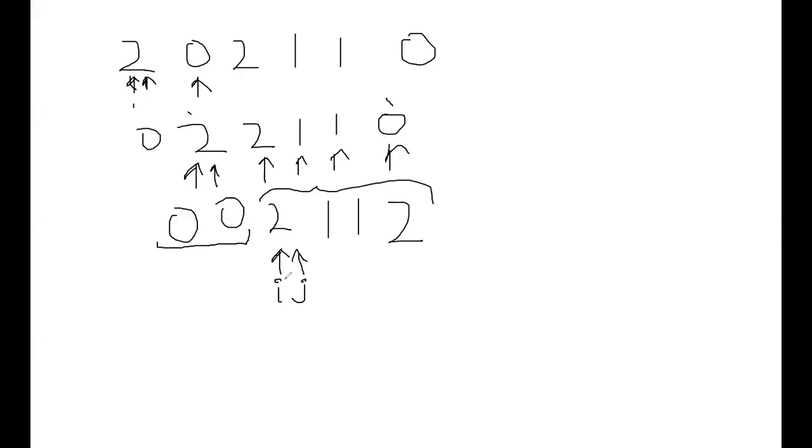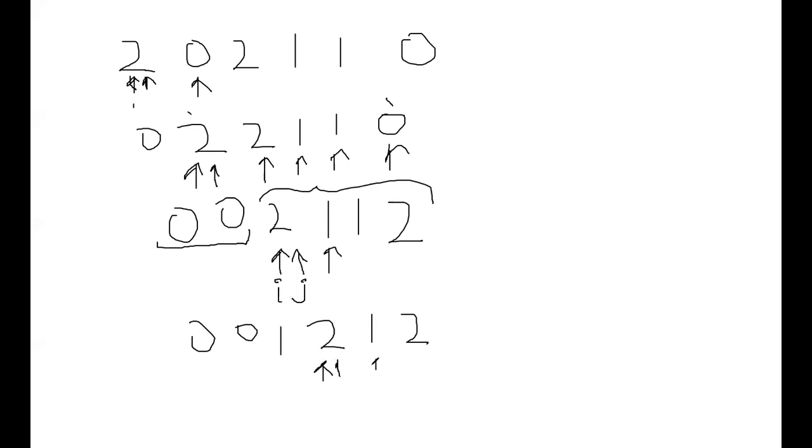So in this case, when we move the j, we find a 1, so we swap: 0, 0, 1, 2, 1, 2. We move the I, and j is already here.